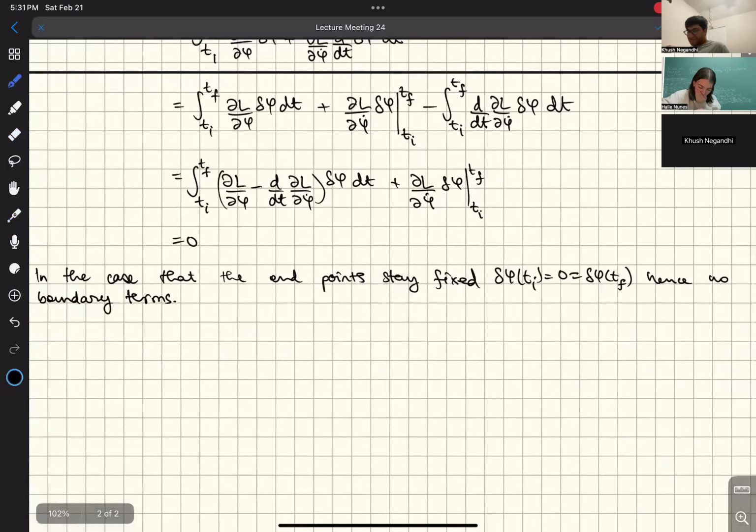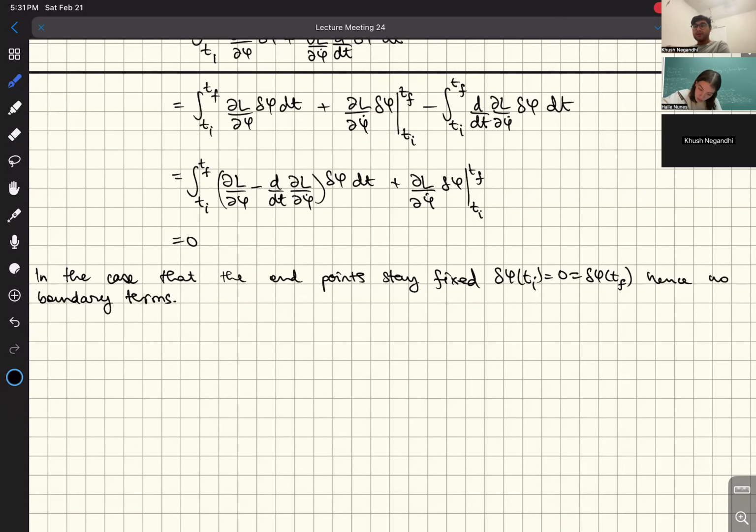But okay, that's fine and dandy, right? But is there any interesting physics that happens with the boundary terms? Is there anything interesting that happens if I allow boundary terms, for example? And the answer is definitely yes.